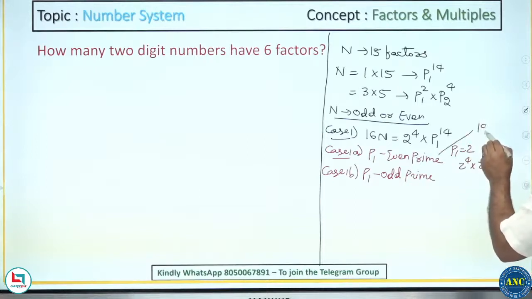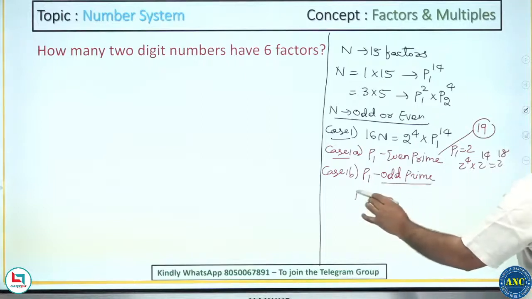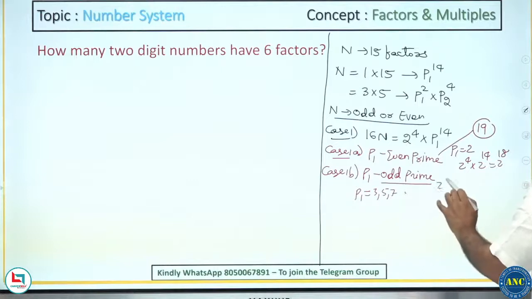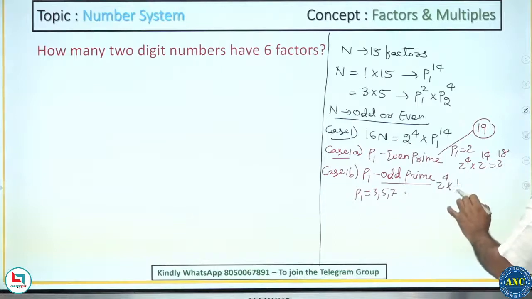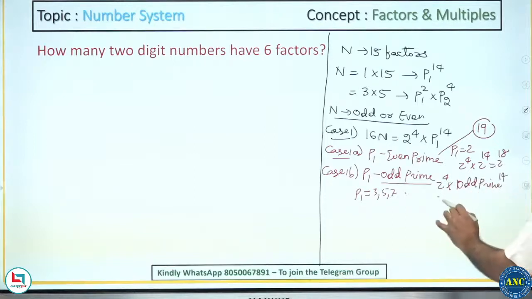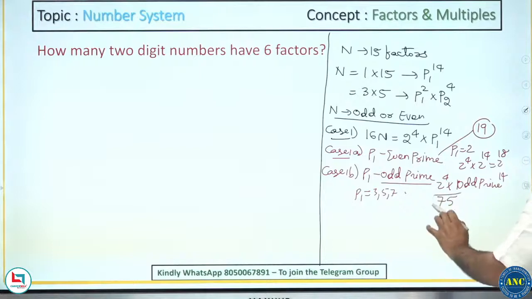Answer will be 19. Odd prime: so p1 can take 3, 5, 7 and so on. 2 power 4 into p1 odd prime power 14. Already we did. 5 into 15, 75 we got.